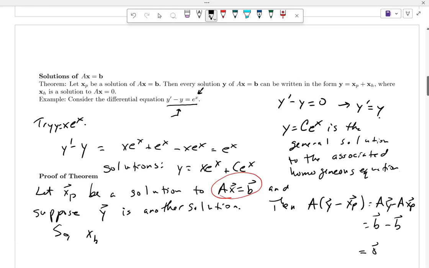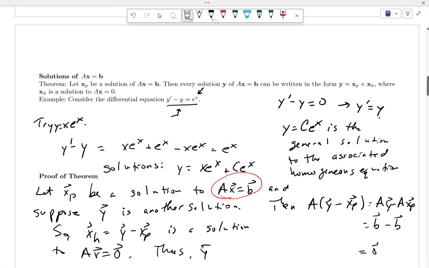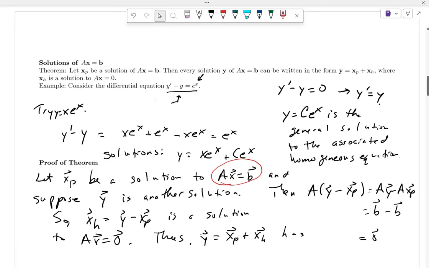So x sub, I'll call it x sub h, that difference is a solution to Ax equals 0, right? Thus y equal to xp plus xh has the desired form.